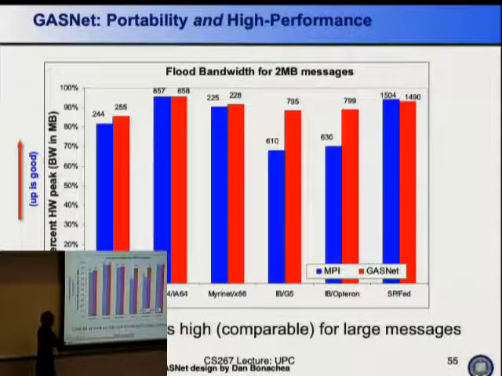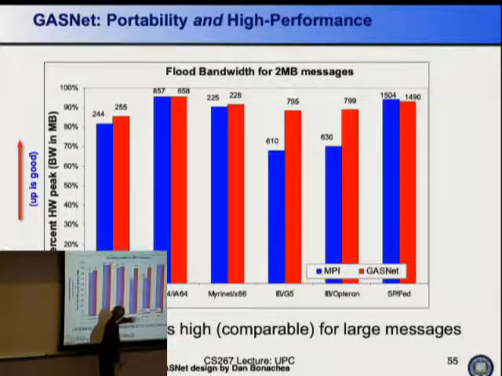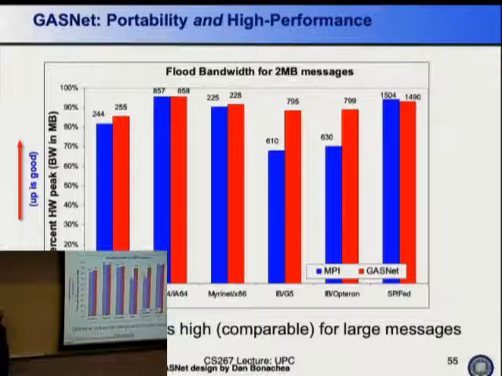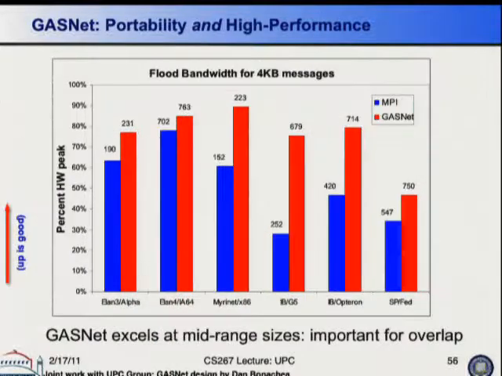These are 2 megabyte messages, and this is bandwidth, so up is good. Here, this is a problem on the InfiniBand implementation, that they never were quite able to saturate the peak bandwidth because of a bug in the Mellanox hardware that there was a workaround for. But in general, you should see about the same performance for large messages. For smaller, medium-sized messages, this is flood bandwidth, so kind of the injection rate of the messages as well as retiring them.